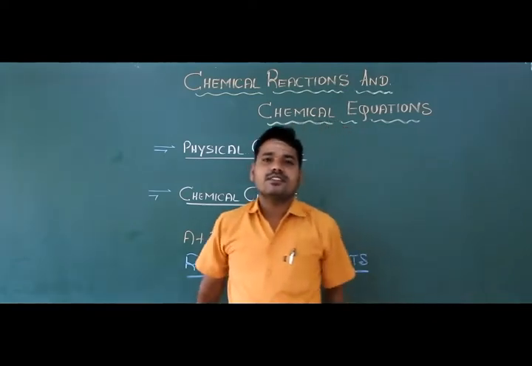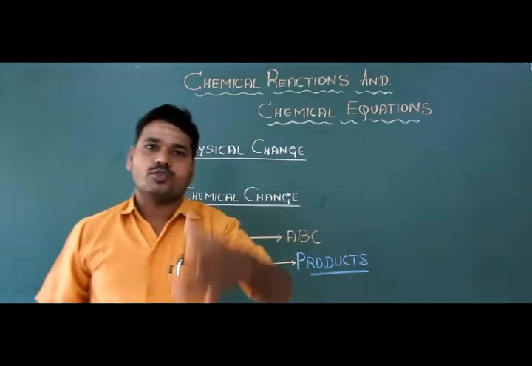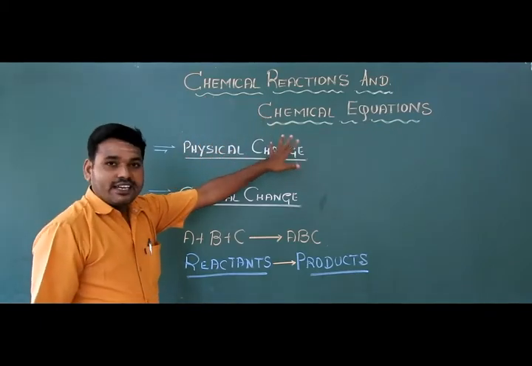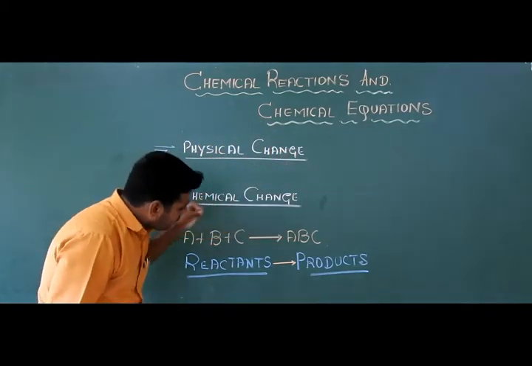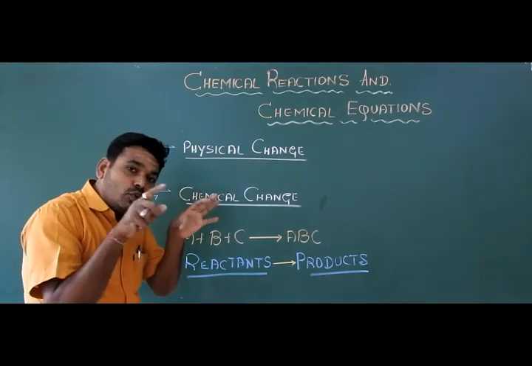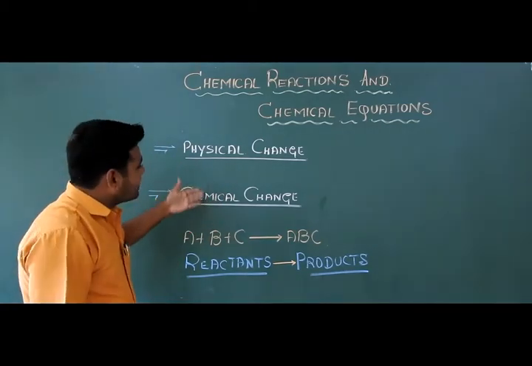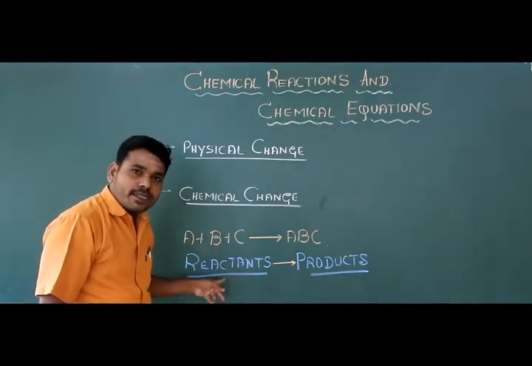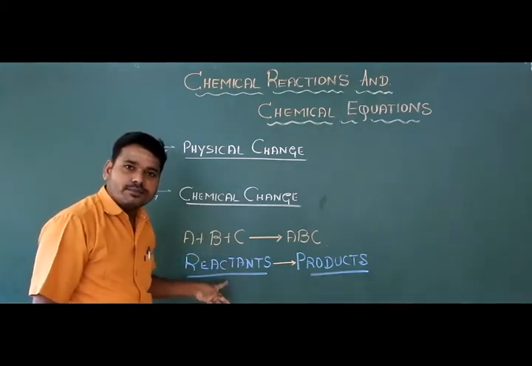All those substances are called products, students. Okay, so this is about the definition of a chemical reaction, the important terms used under chemical reactions, and the two different types of changes that take place in a chemical reaction. Is it clear, students? Is there any doubt in this concept?